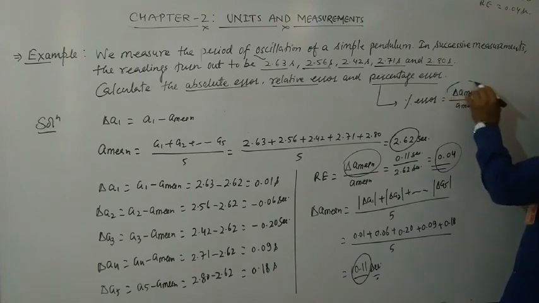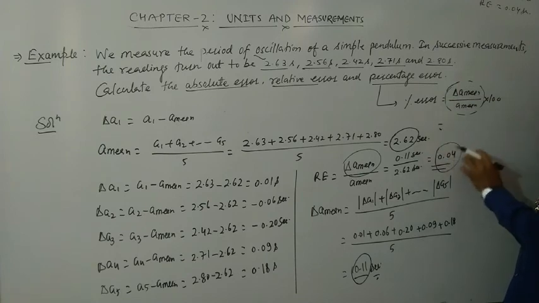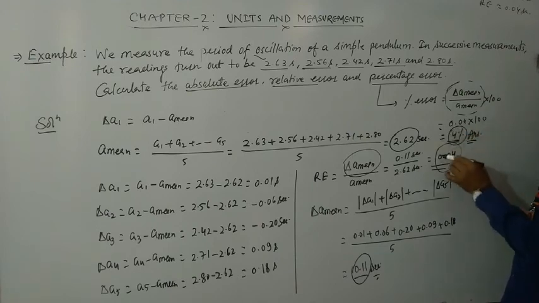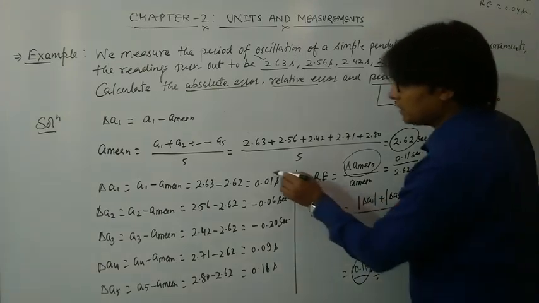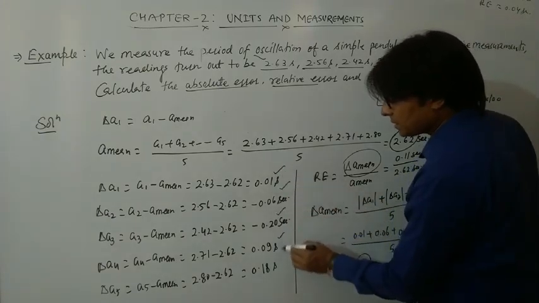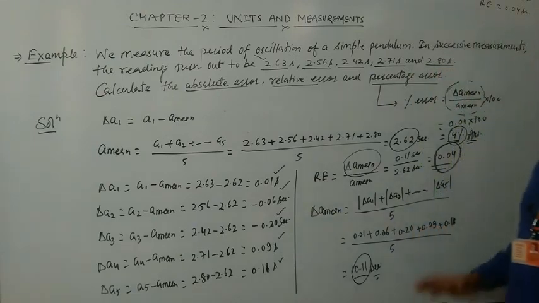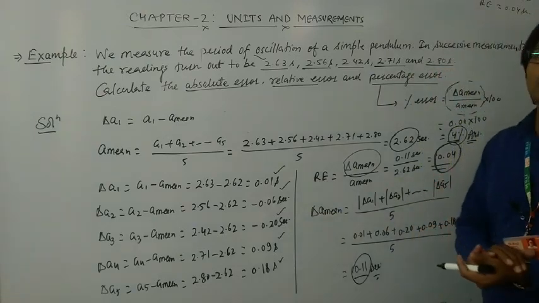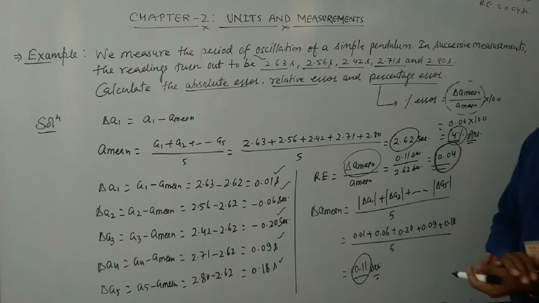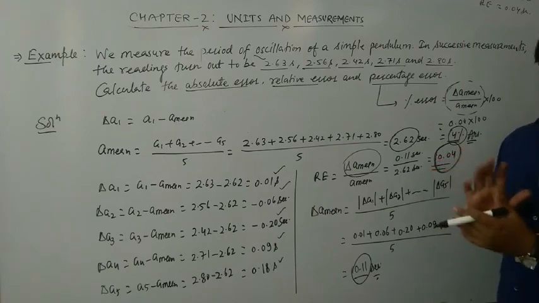We have already calculated it as 0.04, and 0.04 multiplied by 100 comes out to be 4%. So this is the final answer: percentage error is 4%, relative error is 0.04, and these are the absolute errors. This is how we solve such numerical problems on the topic of errors.